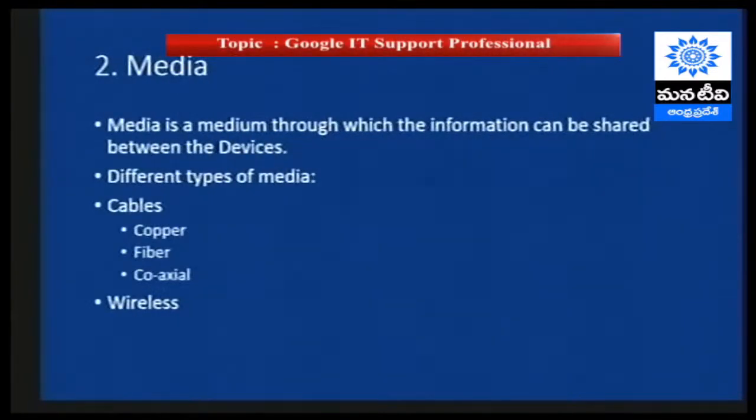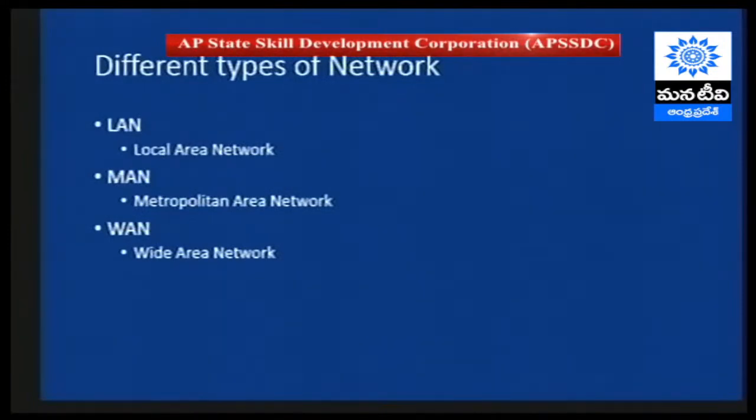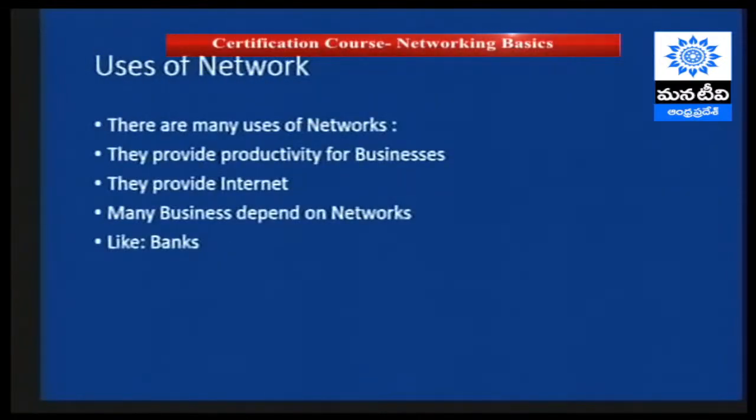Then we have the media, different types of media which help connect the various devices, and then we have the different types of networks, local area network, metropolitan area network, and wide area network, and how they are used, where they are used, and the components required to set these up. We have seen this in the networking devices and the benefits that companies get out of using networks. Intranet and extranet are the best examples of how organizations benefit.